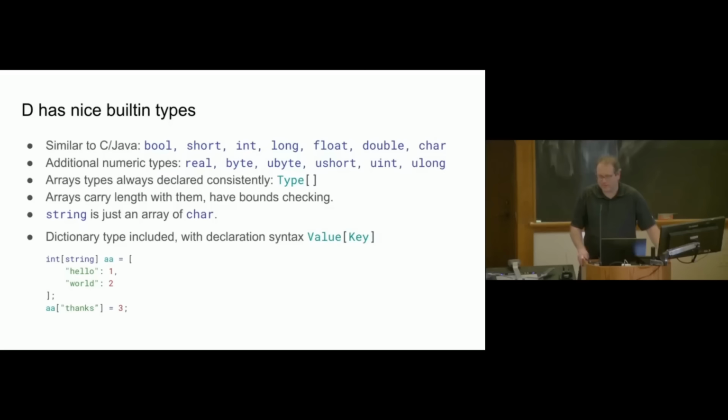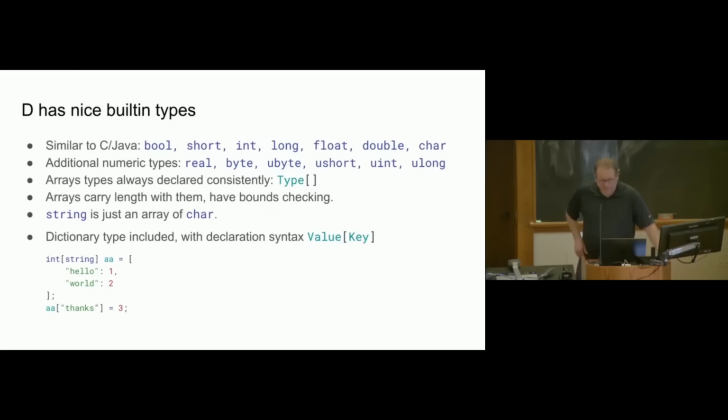This is one of the things that always bugged me about C, is where you put the indexes and what order they go in. D always uses the index on the type and not on the variable. Arrays carry a length with them, so you have bounds checking, another safety feature. And string is just an array of characters, so there's no complex string type that you have to deal with or understand with member functions or anything. It's just an array of characters.